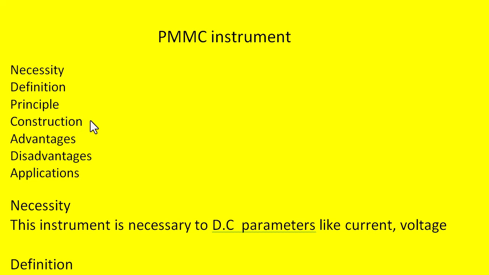And the construction consists of the magnetic system, a coil, a pair of springs, a pointer, a spindle, and the deflection scale.